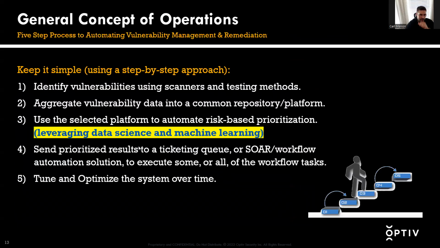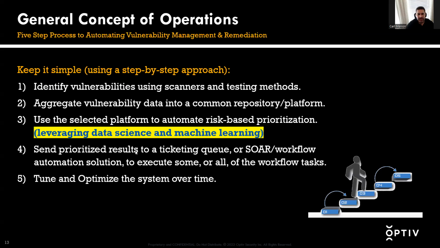All right, so the general concept of operations that we've seen that work the best is to identify vulnerabilities using scanners and testing methods, as I talked about in the previous slide, aggregate that data together into one common repository or platform, and then use that platform to do risk-based prioritization. So that's where you can leverage machine learning and data science most effectively.